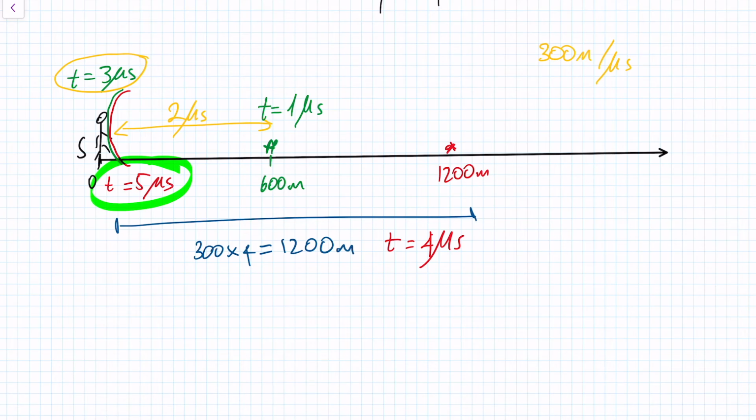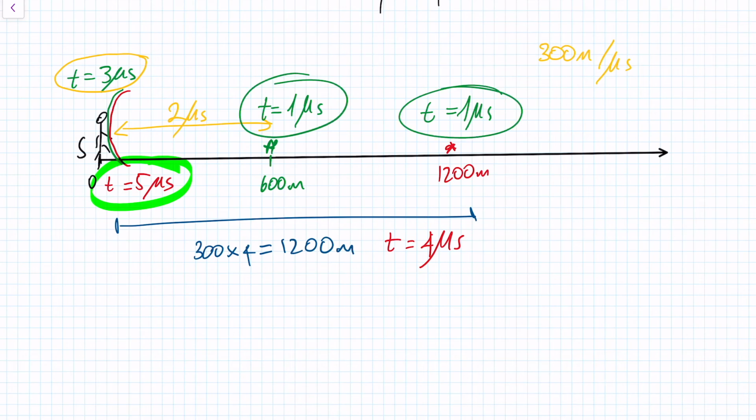So t must be equal to 1 microsecond here as well. As you can see, the clocks read the same when these explosions took place. So we conclude that these events are simultaneous events.